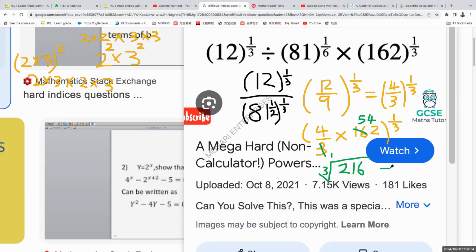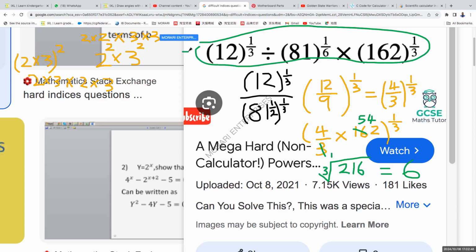So cube root of 216 is what? 6. So all these questions were just what? 6. And then you look at it, you will say, yeah, it's difficult, it's hard, but it's just little tricks.